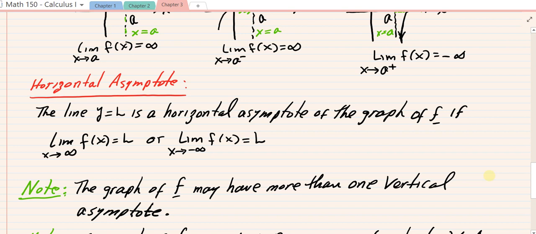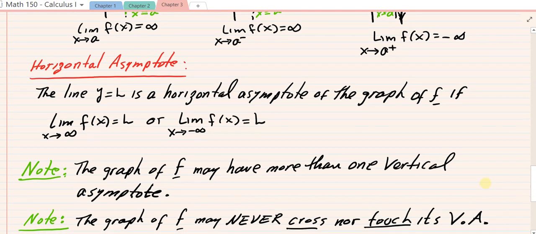First note is that the graph of the function may have more than one vertical asymptote, depending on which interval we're looking at. A good example of this is the graph of your trig functions, like secant, cosecant, tangent, cotangent. Those have infinitely many vertical asymptotes. It is possible to have more than one over the domain.